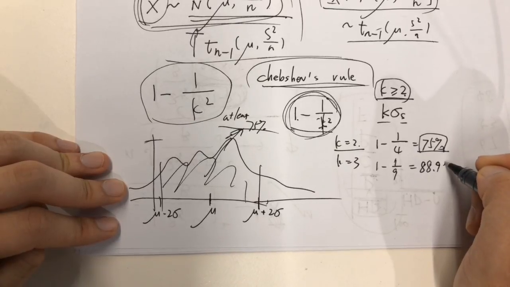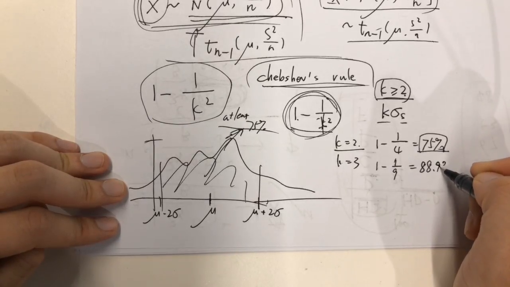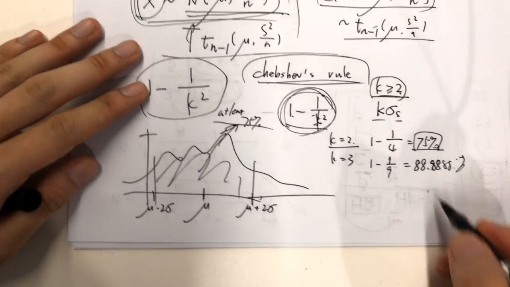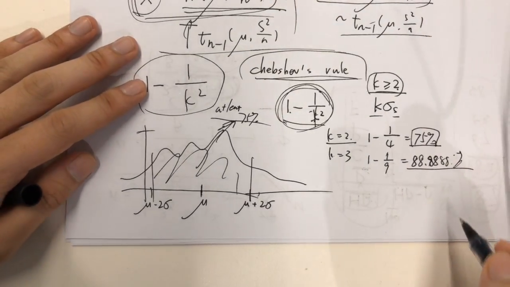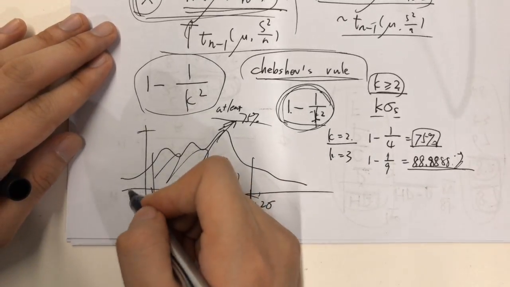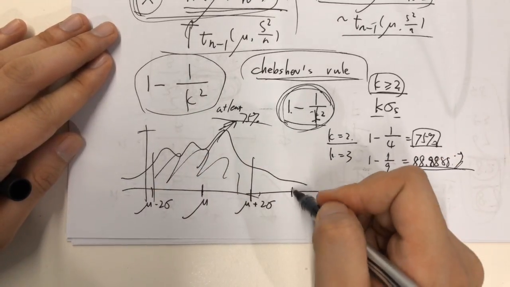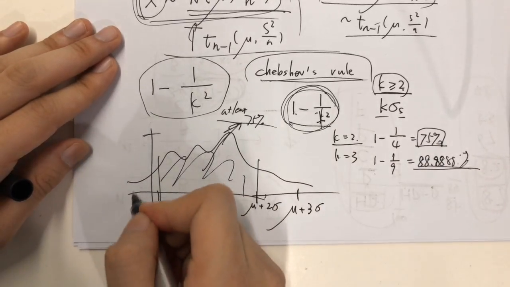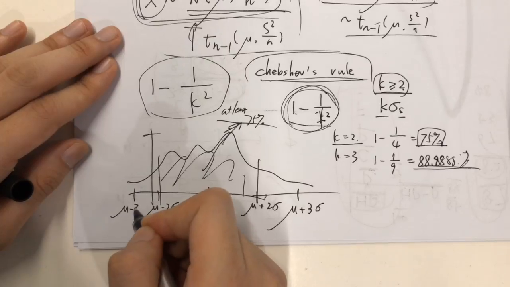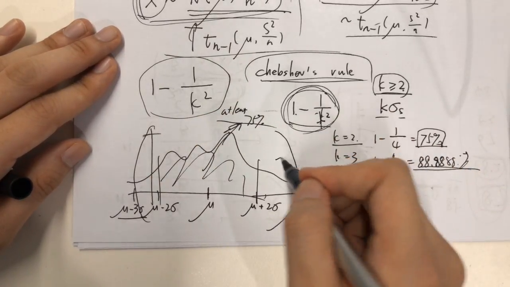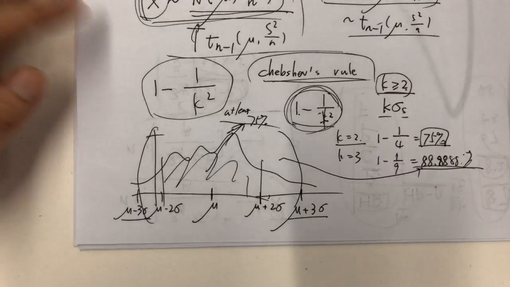It should be 88.888, but anyway, it means roughly 89% will fall between minus 3 sigmas and plus 3 sigmas around mu.